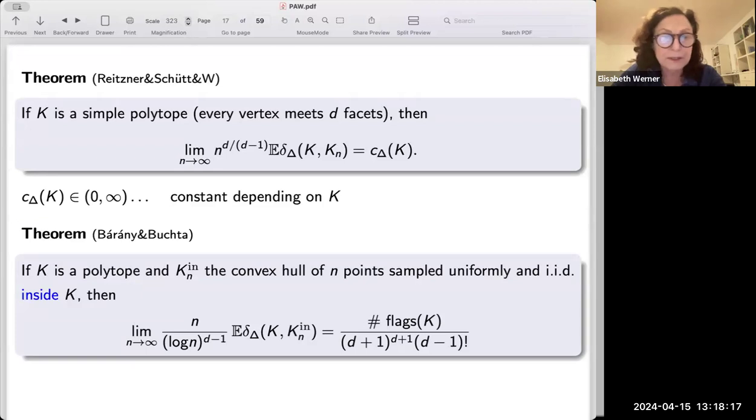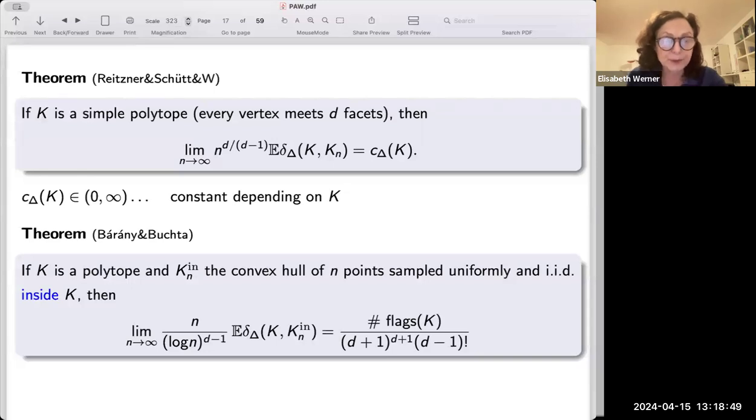Okay. I want to compare this result with a result where K is also a polytope, but now we do not choose the points on the boundary of the polytope, but inside the polytope. So now we sample n points uniformly and IID inside K, look at the convex hull, and the random polytope that we obtain this way I'll call Kn superscript in, to indicate that it's the polytope where we have chosen the points on the inside.